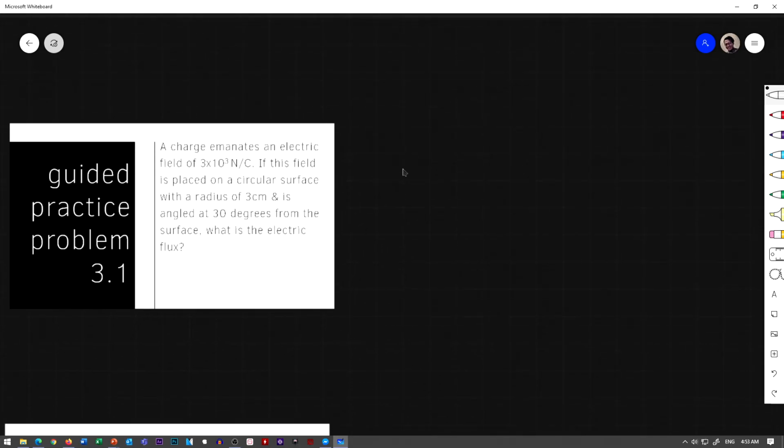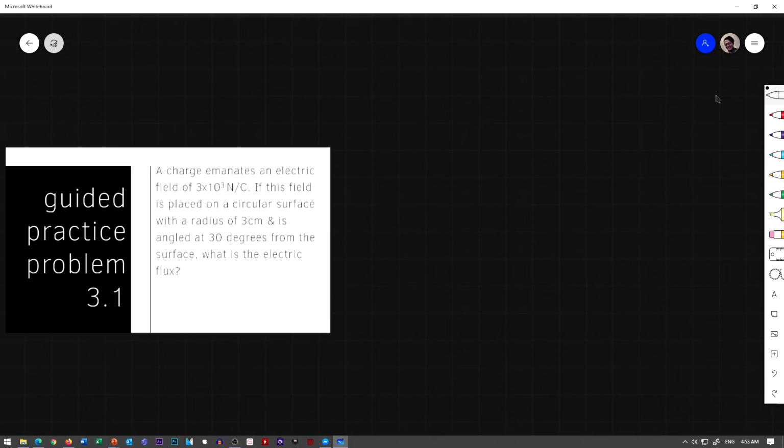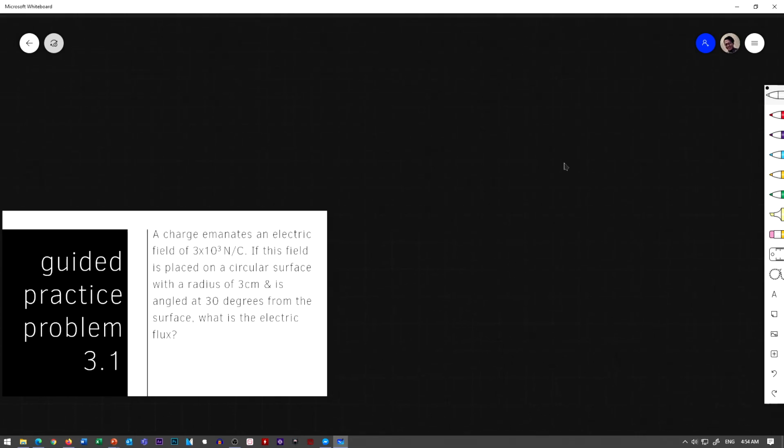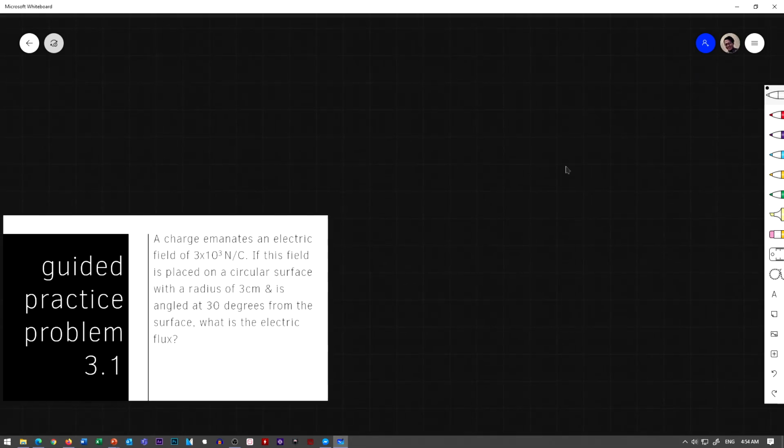For guided practice problem 3.1, so you would understand how we use it, no? Let's take a look at this first example. We have a charge that emanates an electric field of 3 times 10 raised to 3 newtons per coulomb. If this field is placed on a circular surface with the radius of 3 centimeters and is angled at 30 degrees from the surface, what is the electric flux?